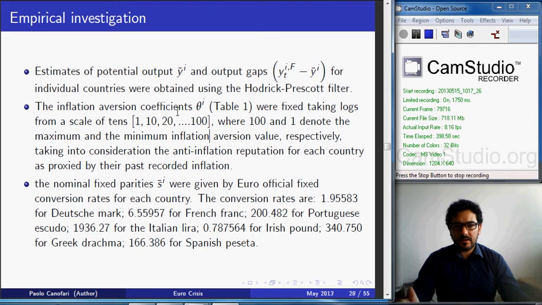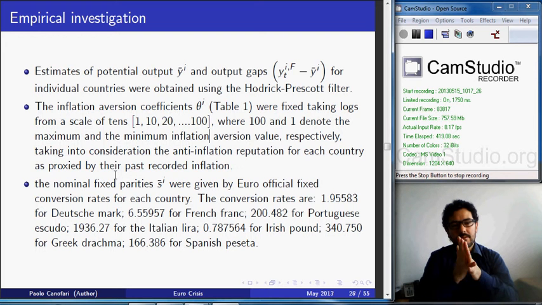The nominal fixed parities are the entry parities of each one of the countries in the sample, and so, for instance, we can see here Italy, the Deutsche Mark, the Italian lira, and so on.